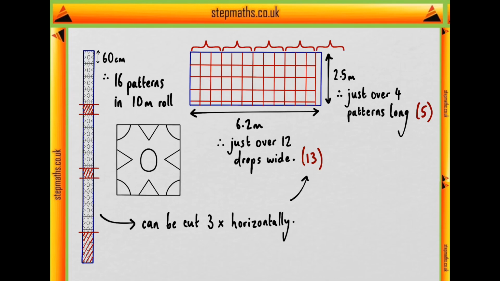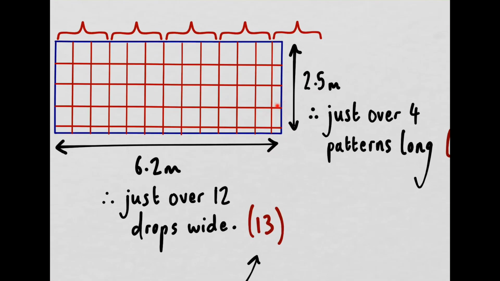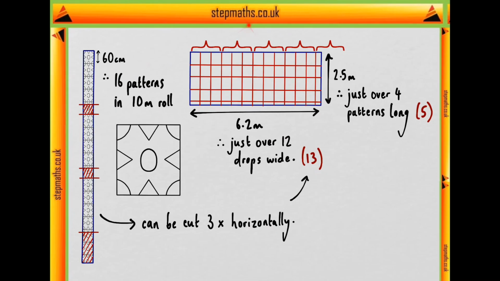And then we'll need a separate 5th strip to make up for this area here at the very end. So in order to cover the wall and have the patterns matching horizontally every time, we will need 5 drops. Okay, so 5 rolls, and then we can say our answer is going to be option C.